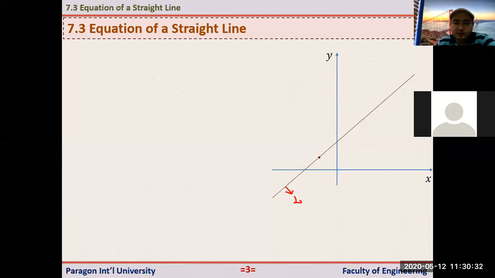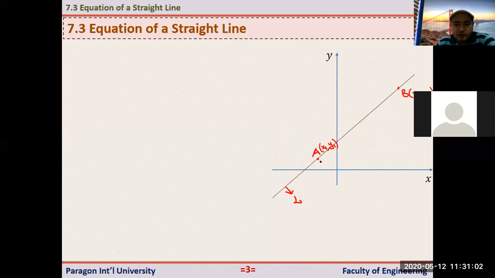Let's say this point is A and let's say this point is B. This is given, okay? And let's say the coordinates of A are x sub 1, y sub 1, and the coordinates of B are x sub 2, y sub 2.